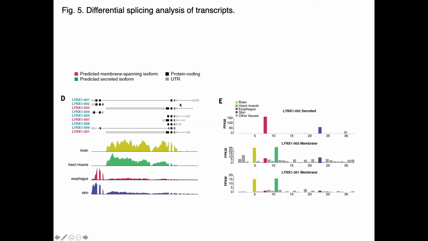The isoforms labeled with pink, 3 of them, are predicted membrane spanning isoforms, meaning that they are membrane proteins. Whereas the blue colored isoforms are predicted secreted isoforms.